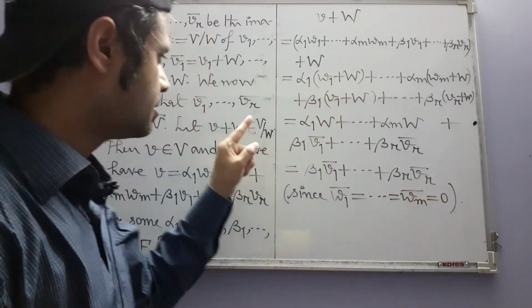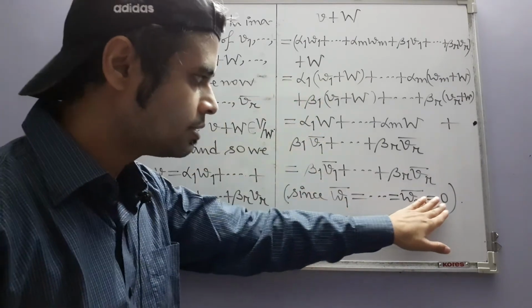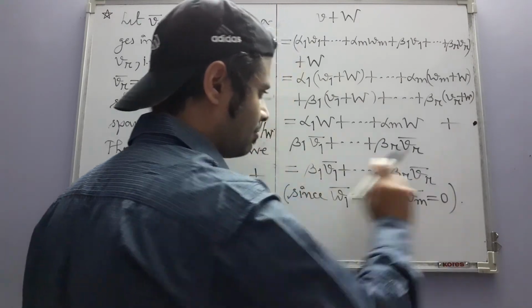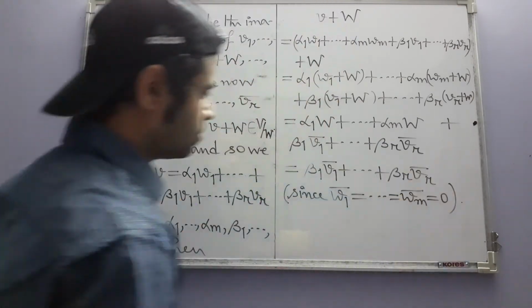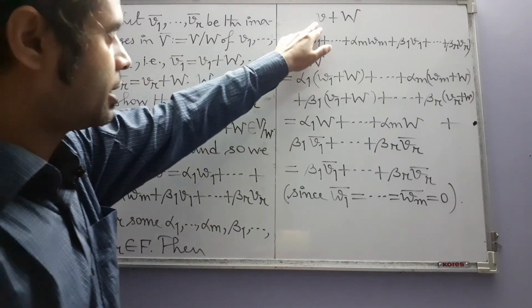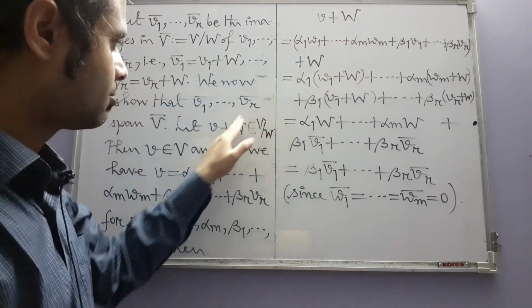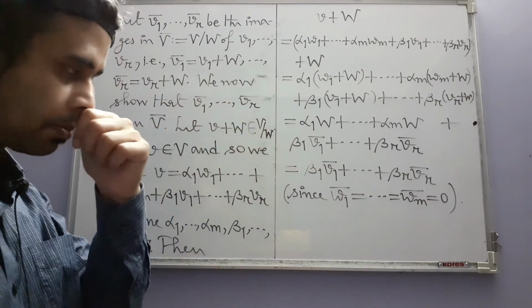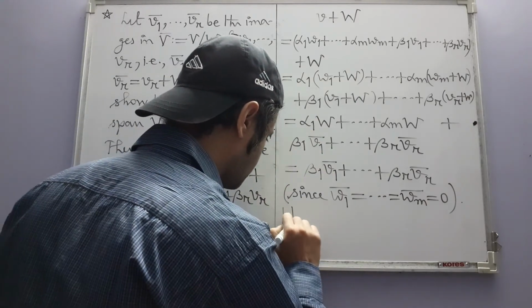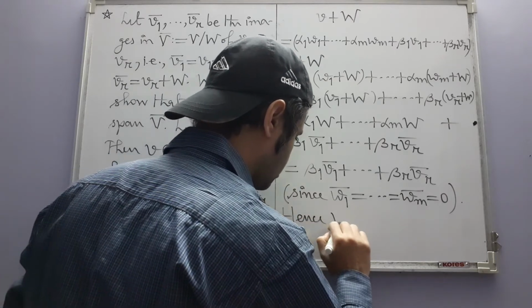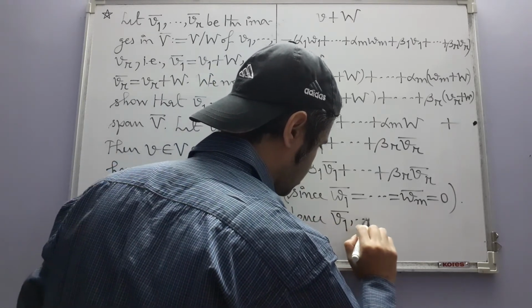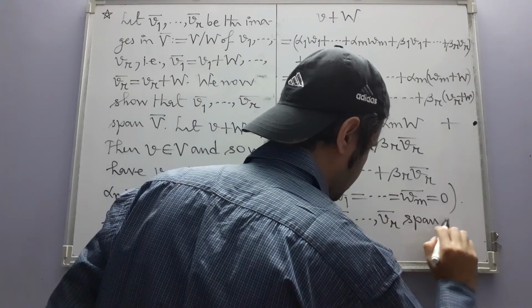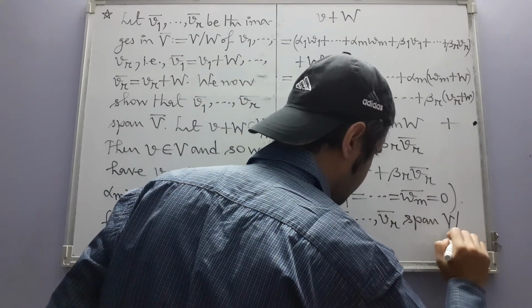This 0 is the 0 in V by W, that is this 0 is actually capital W, and that's why we have this. So what have we shown? We have managed to show that this arbitrary element of the quotient space is a linear combination of these V bars. Hence they span V bar or V by W, same thing.